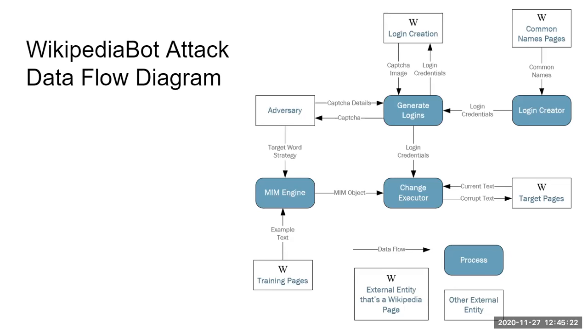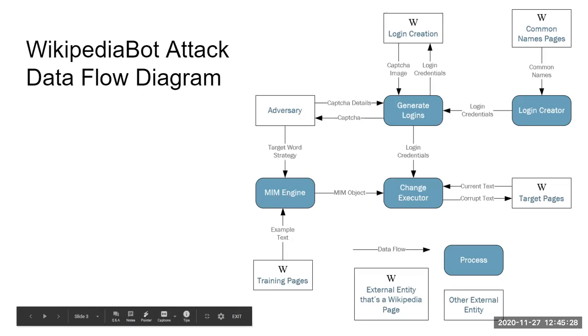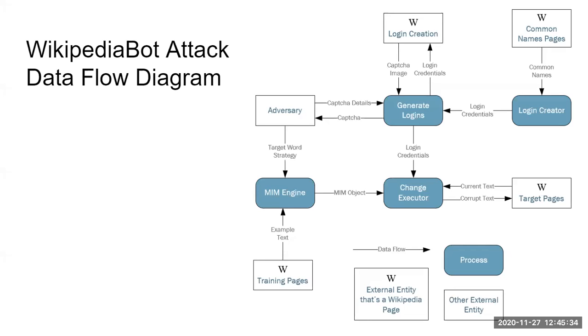So WikipediaBot relies heavily on a website testing tool called Selenium that can mimic the way a human interacts with a web page. At a high level, the Selenium-based script is able to log in, make edits to Wikipedia articles, then log back out to log back in with another account. We are able to create logins using randomly generated aliases based on lists of common first and last names scraped directly from Wikipedia.